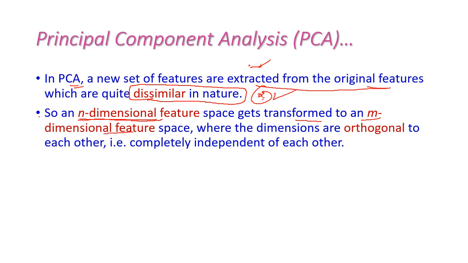Here m is less than n. Another thing, the dimensions are orthogonal to each other. Orthogonal means completely independent of each other. There is no dependency as well as no similarity between the features, right?